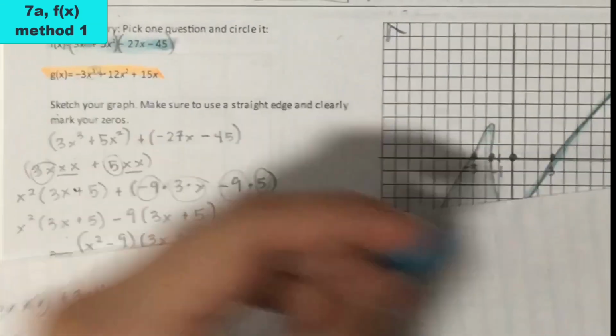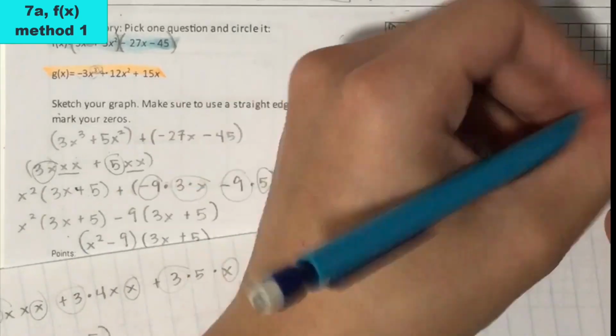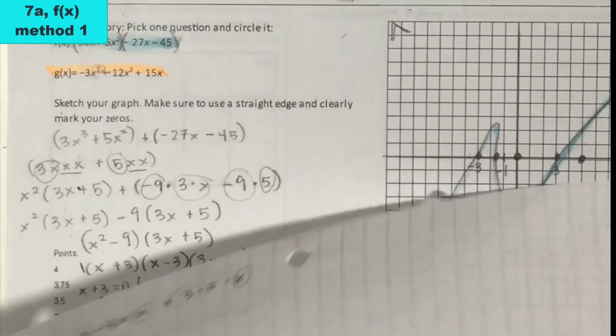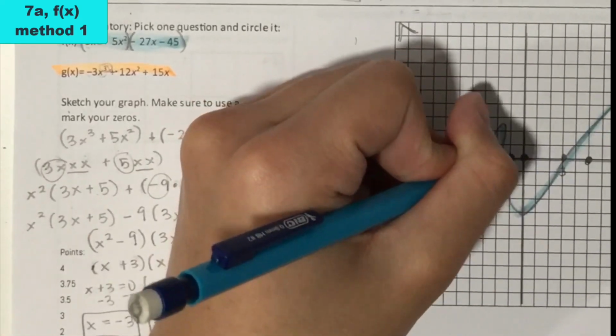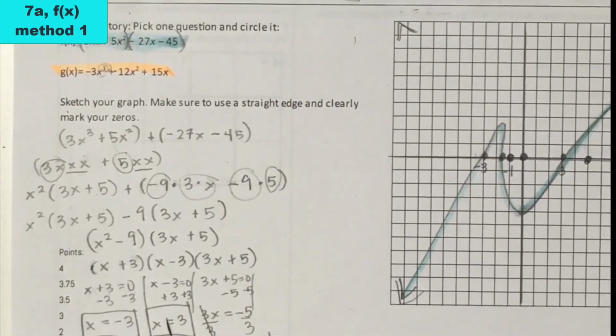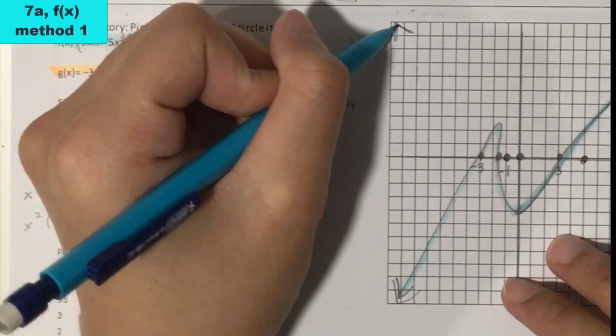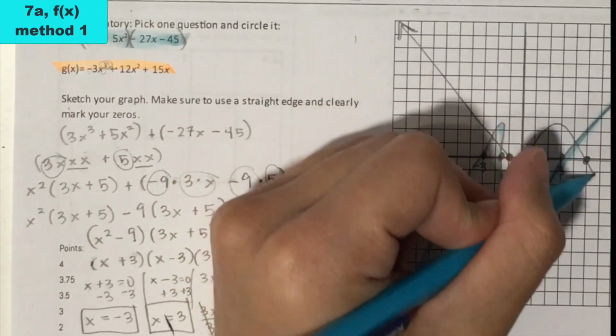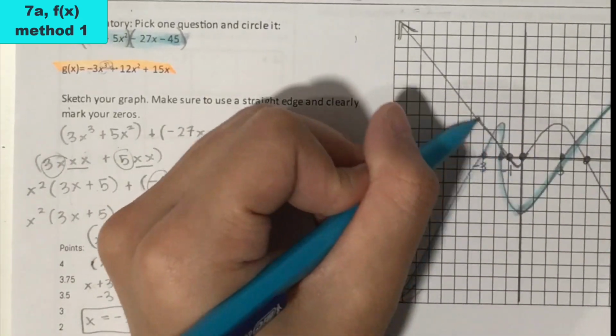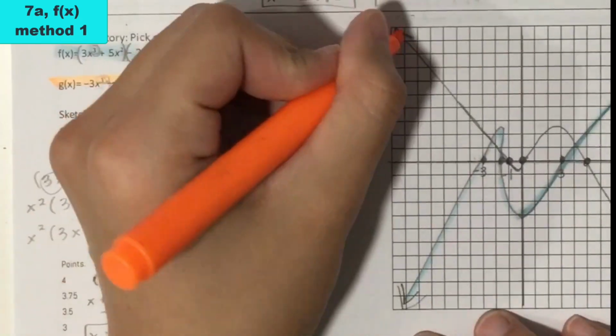Our first solution is 0, so 0 would be here. Our second solution is 5, so 1, 2, 3, 4, 5. And our third solution is negative 1, so negative 1. And so connecting those, or graphing the function, you kind of get a graph that looks like this.